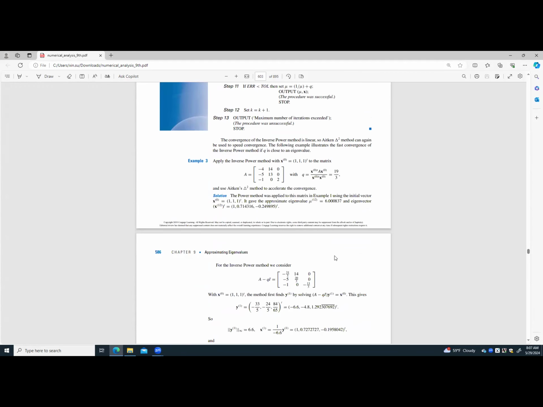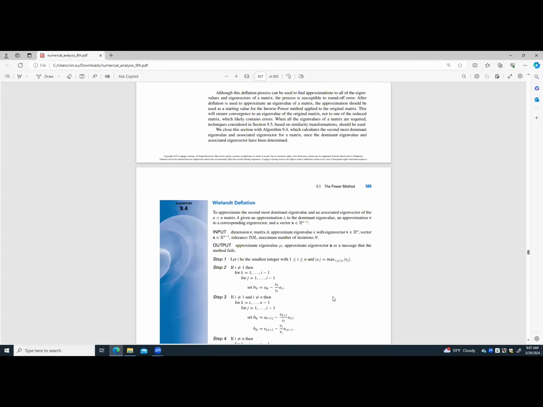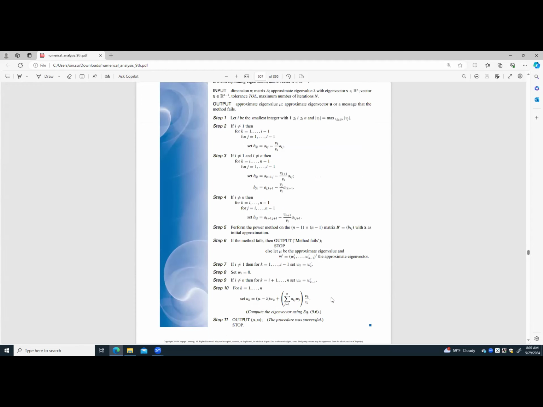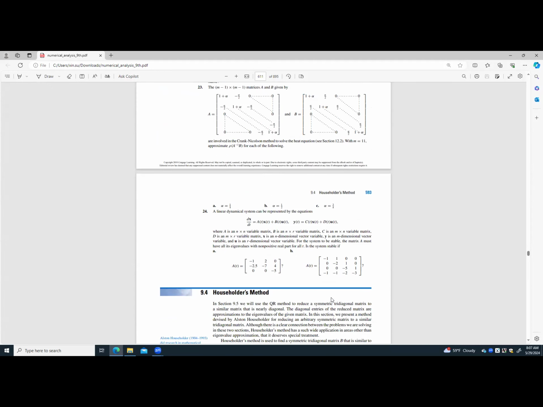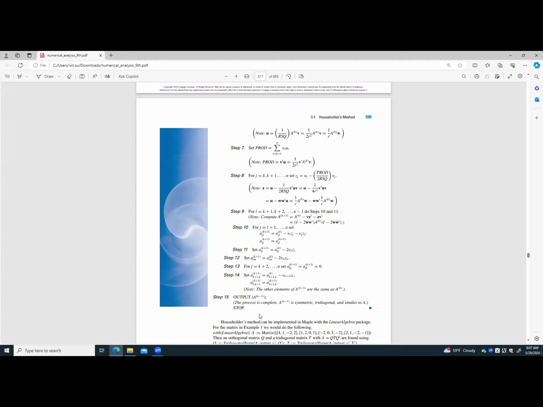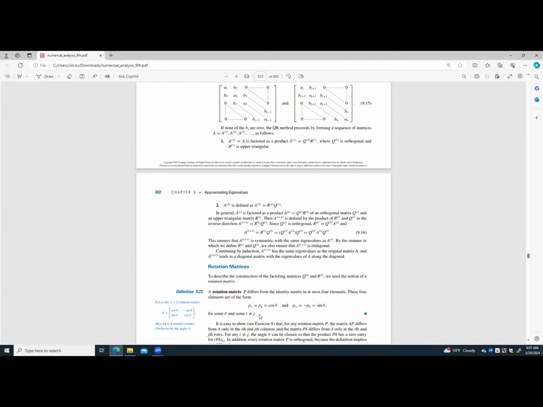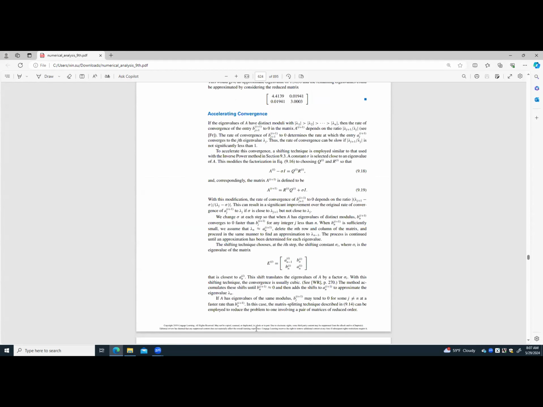And the next part, let's skip the diffraction one. There are a lot of different methods here. Let's skip this part. We have the Householder method and the QR method, but we have already covered everything in this session.